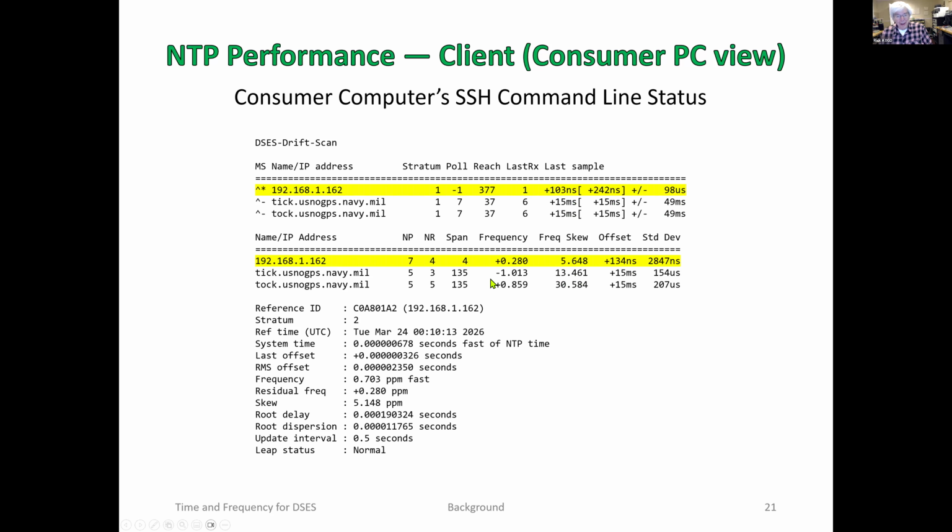Are we within fractions of a second of what we're actually getting from our local server? And the answer is yes, everything is looking good. And again, we have all this data that is available. And remember, this is client data. This is what it looks like in a computer that's taking advantage of our precision time system.